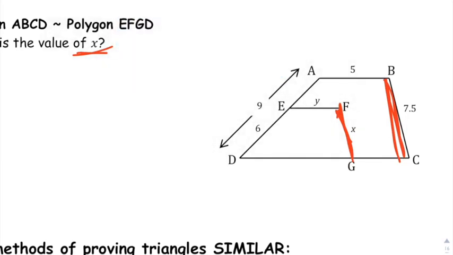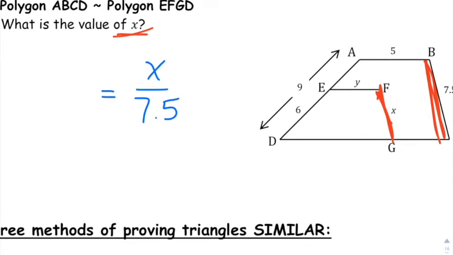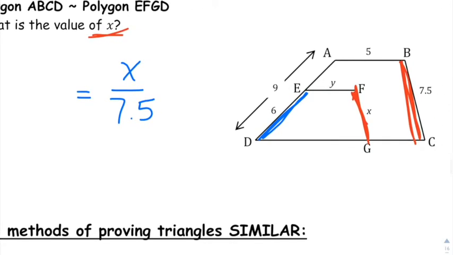You have to be strategic about what you use for your other fraction, because you need at least two numbers so you can solve this proportion. So I look for two sides that are given on both figures, and I see the 6 for DE on the smaller trapezoid, and then the 9 for that full length on the larger trapezoid.